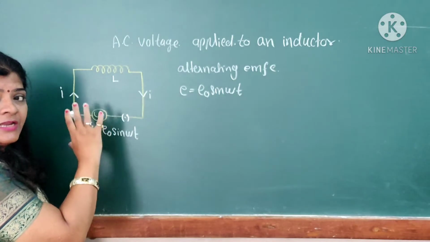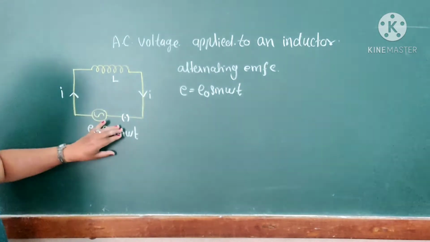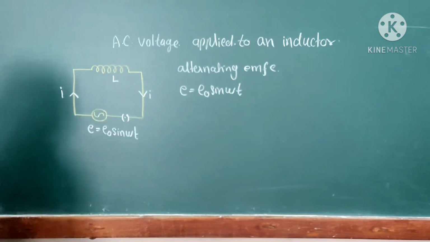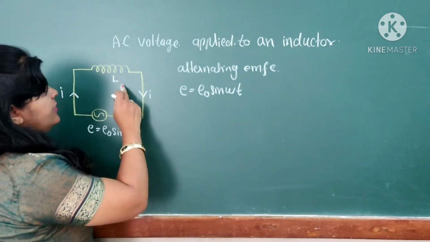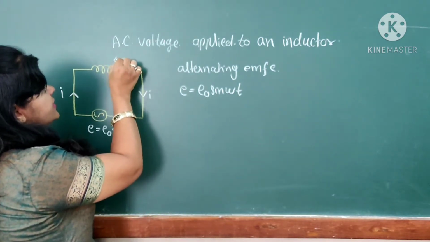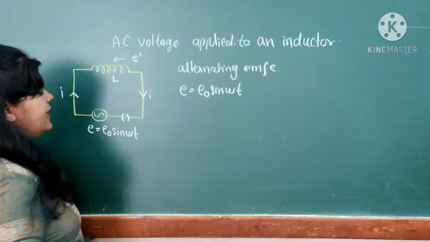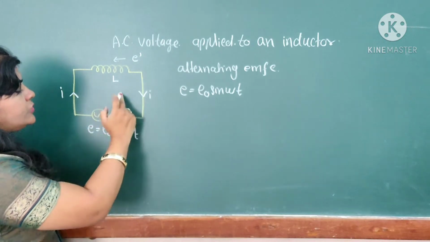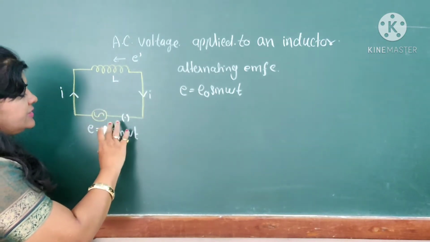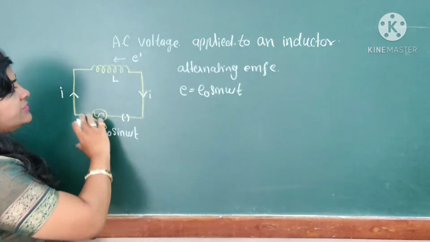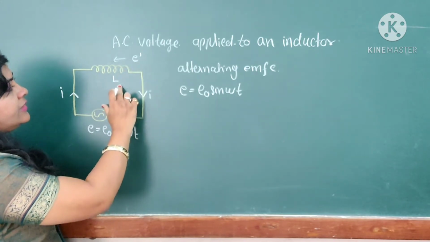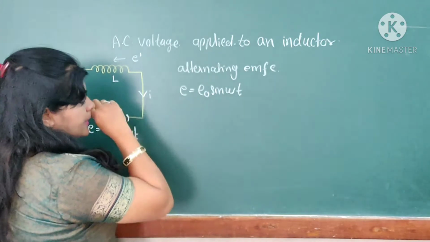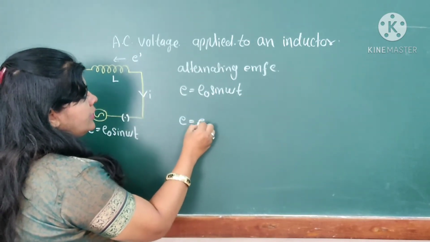The EMF produced by the inductor is denoted by E dash. The applied EMF is E, and both are opposite to each other. That's why the applied EMF is opposed by the inductor having EMF E dash, so E is equal to E dash in magnitude.